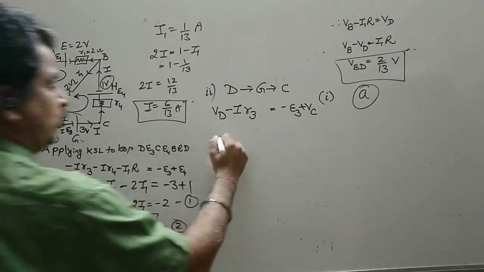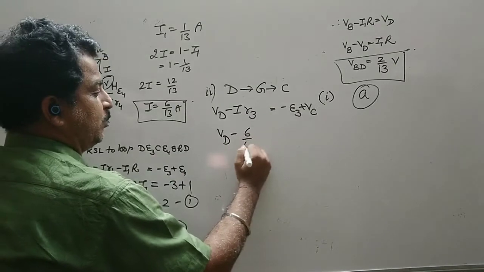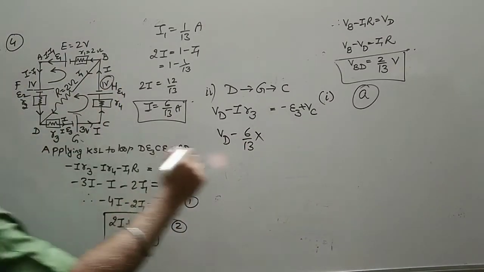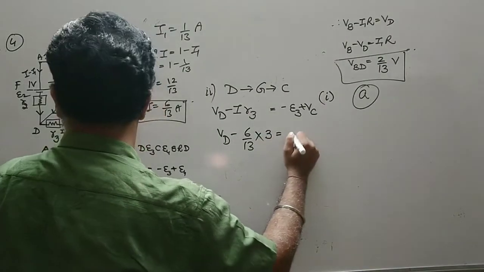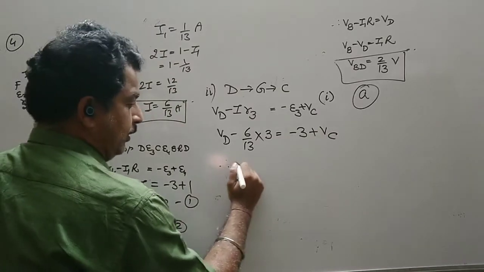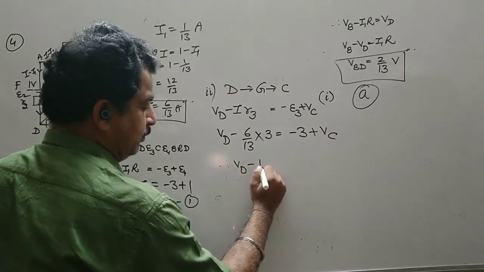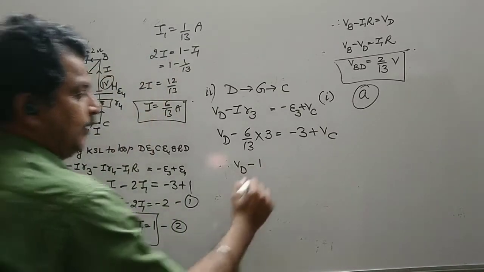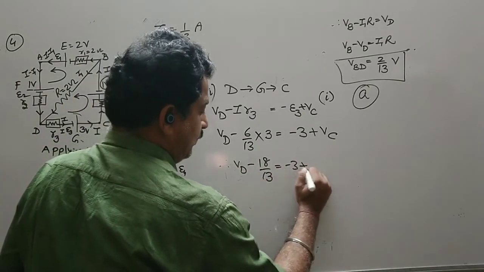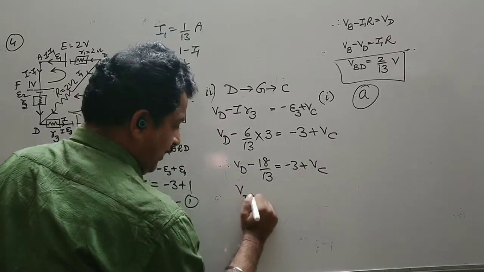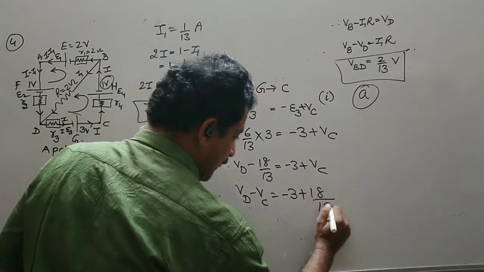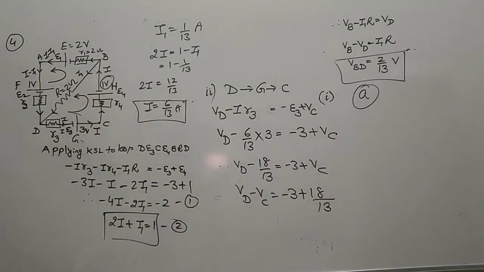So we substitute this value: VD minus 6 by 13 into R3, that is 3 ohms only, is equal to minus 3 plus VC. Therefore VD minus 18 by 13 is equal to minus 3 plus VC. So VD minus VC is equal to minus 3 plus 18 by 13.